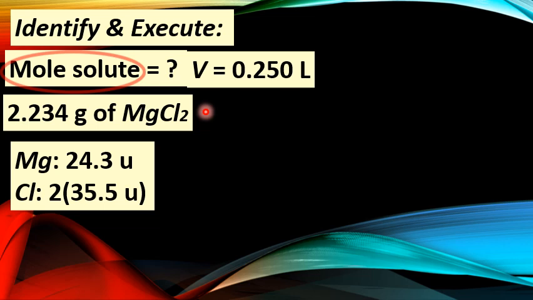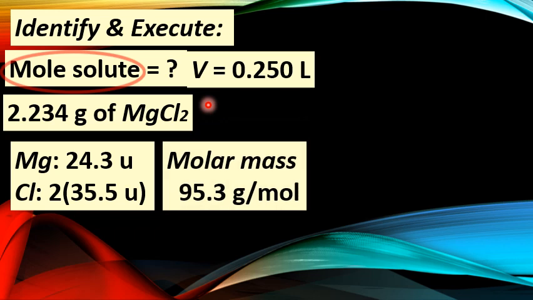There's just one atom of magnesium with atomic mass of 24.3 atomic mass unit and 2 chlorine atoms, so that's 2 times its atomic mass of 35.5 atomic mass unit for a total formula mass of 95.3 atomic mass unit, or when expressed in grams per mole, we get the molar mass equal to 95.3 grams per mole. So this is the molar mass of the solute magnesium chloride.